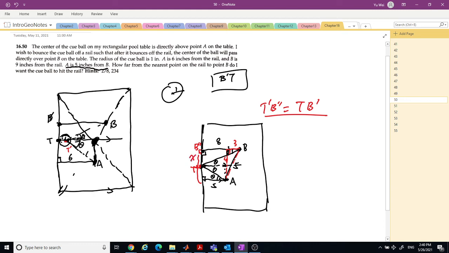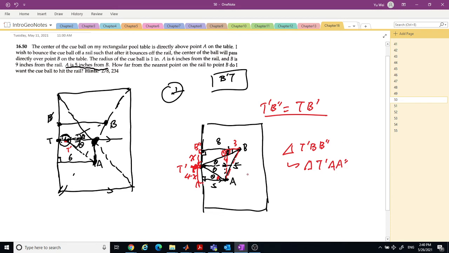Let's see, this is X. This is 4 minus X, right? And we know theta and theta, right? Theta and theta. So we know the triangle T prime B prime is similar to triangle T prime A prime prime.